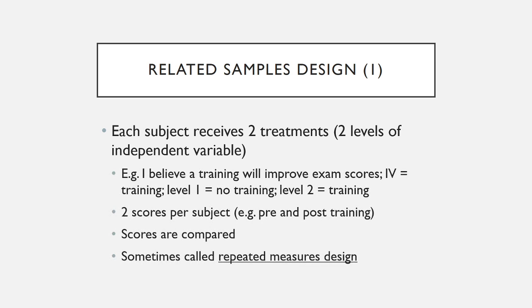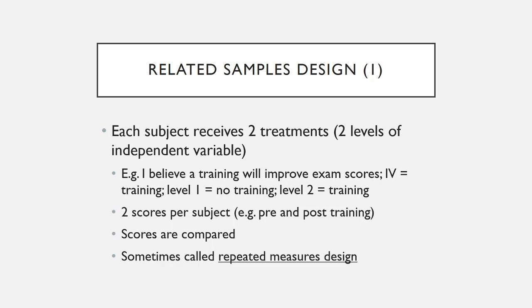So basically what's going to happen in a research design that looks like this is that all of your participants are going to receive multiple conditions. They're going to undergo multiple sequences of experiences. And the idea is that you're going to want to compare their levels of the outcome at the different time periods.